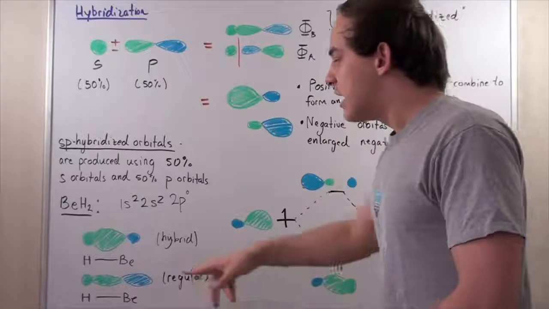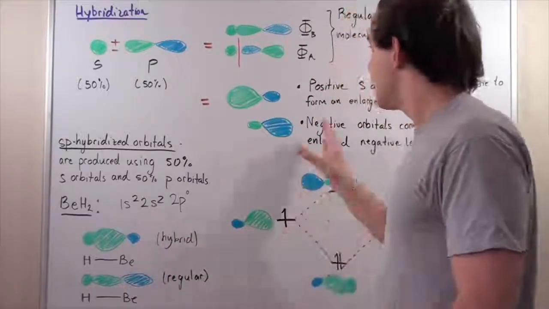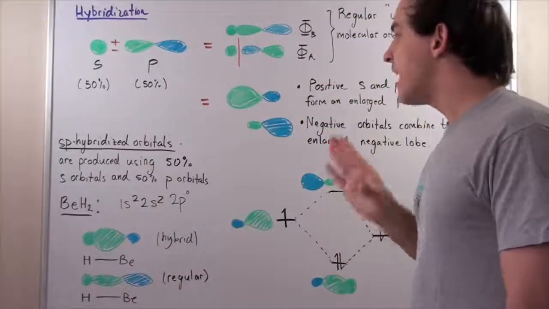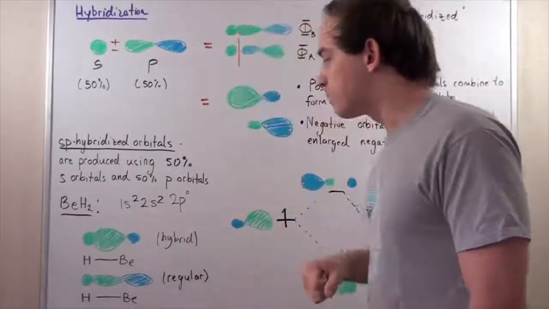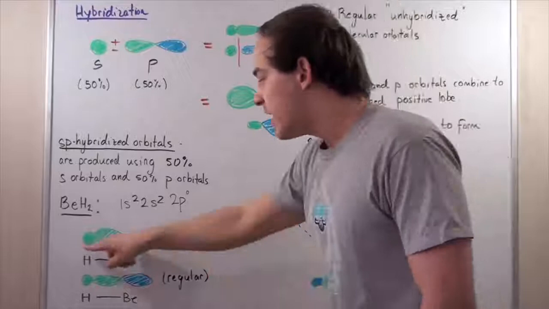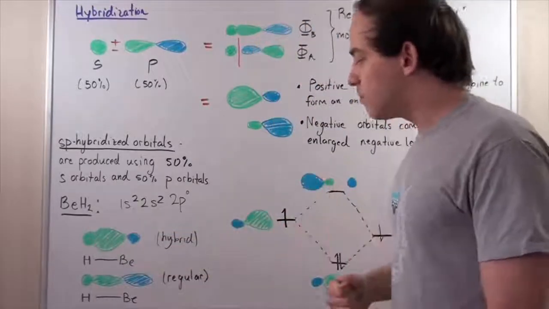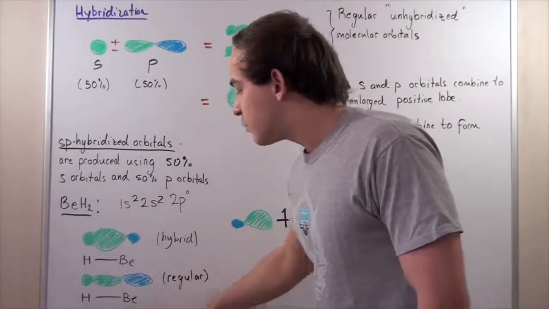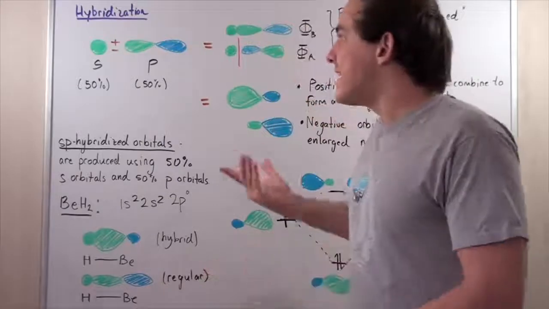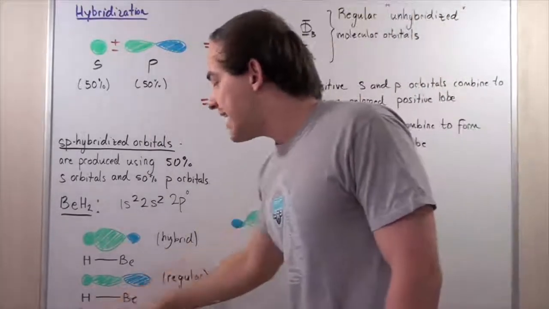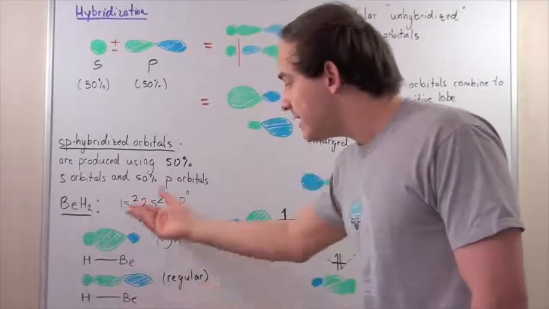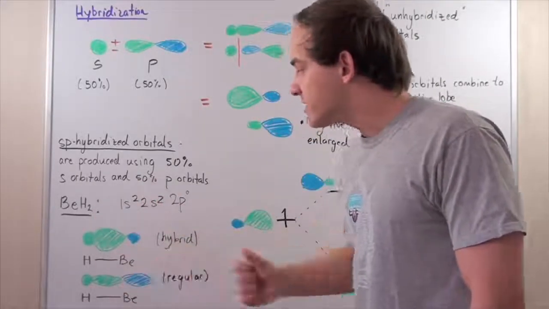Let's suppose that Be forms this hybridized orbital, and then this hybridized orbital interacts with the H atom to form our covalent bond. And let's also suppose that we have a beryllium atom that donates a simple 2p orbital to interact with that H atom. Let's see which one is more stable.